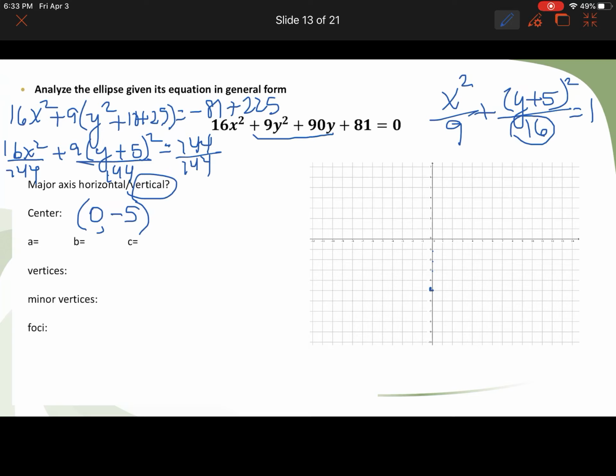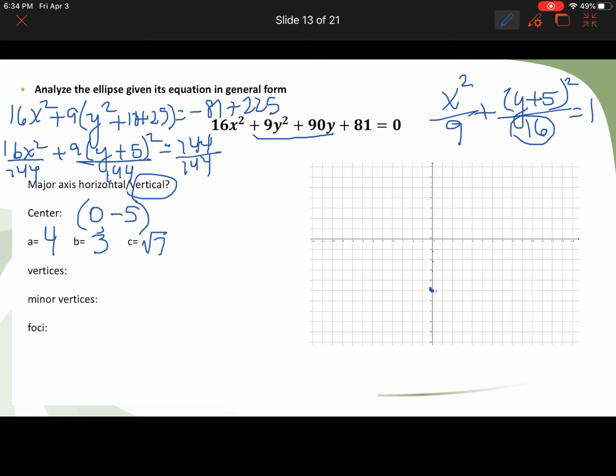So 0, 1, 2, 3, 4, 5, it's right there. A is the bigger number, so a squared is 16, so a is going to be 4. B is going to be 3. And so C squared is 16 minus 9, which is 7, so C is the square root of 7.